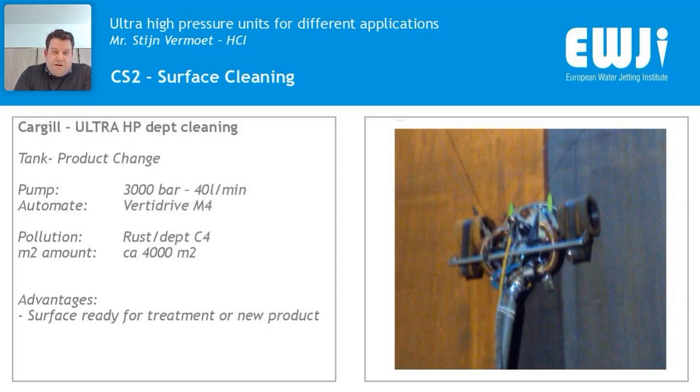I think more and more clients, tank terminals, are asking about this system, and it works very well. When we use the system, we also directly take the water and the dust or the rust or the pollution out with the vacuum truck. It's very efficient and very easy to work with.